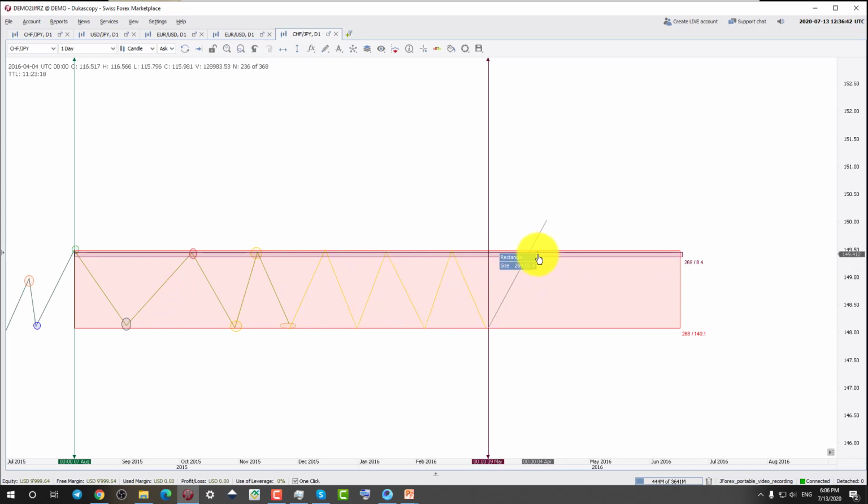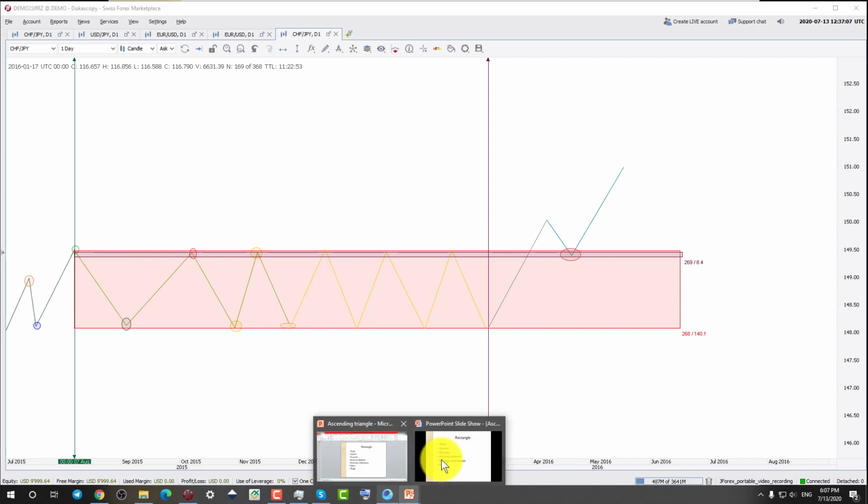So we are expecting this resistance to turn into support, and the price will come back to retest it and then eventually go higher. If this really happens, which happens most of the time, then this is the zone where we are supposed to open a buy position.